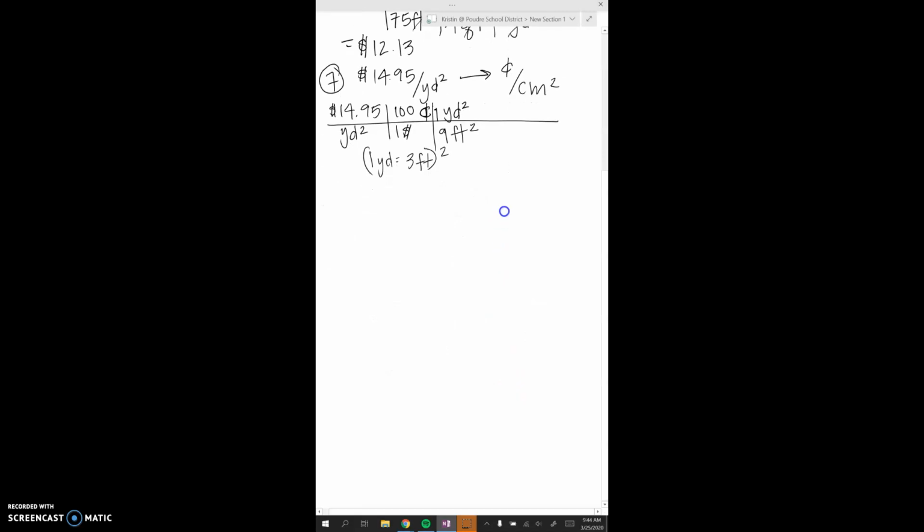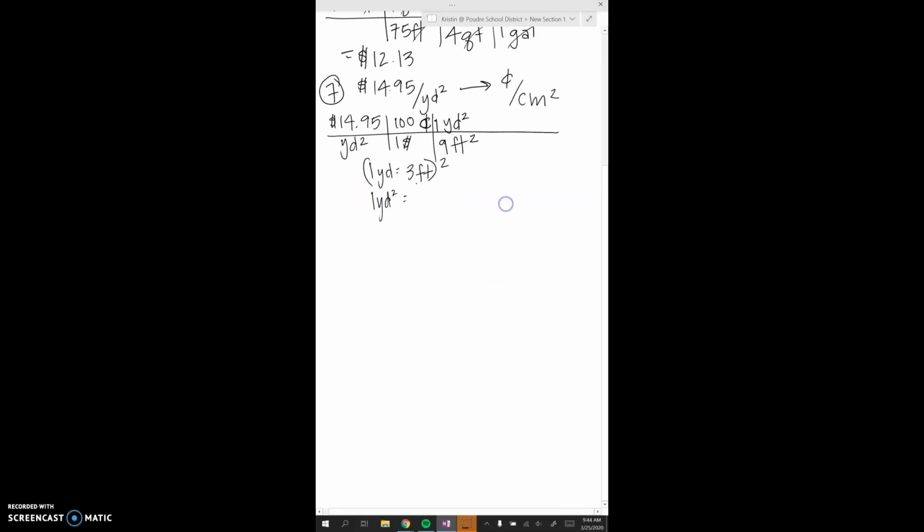And we can kind of see, 1 times 1 is still 1. So we get 1 yard squared equals 3 squared is 9 feet squared. Okay, so that's where that conversion factor is coming from. All right, so I'm going to use that same type of strategy for the rest of this conversion.